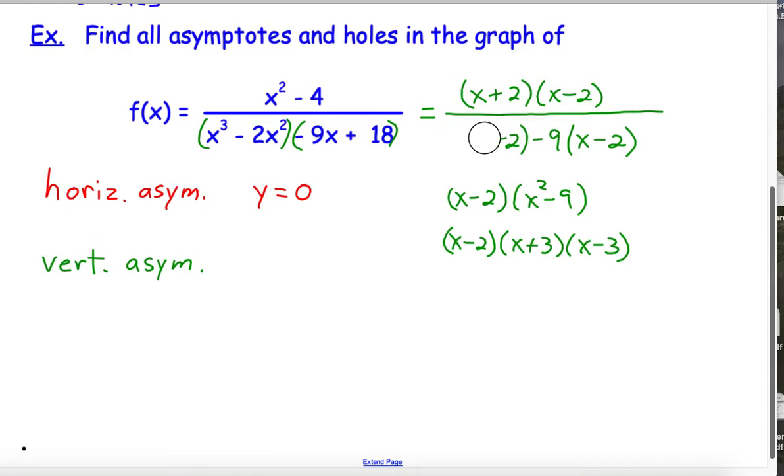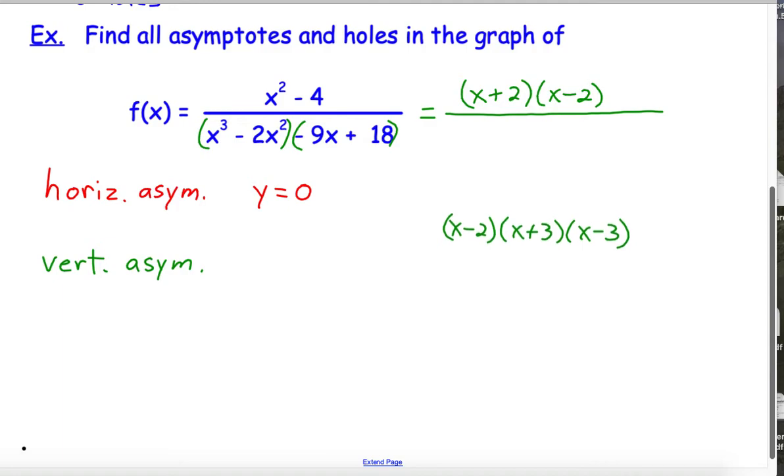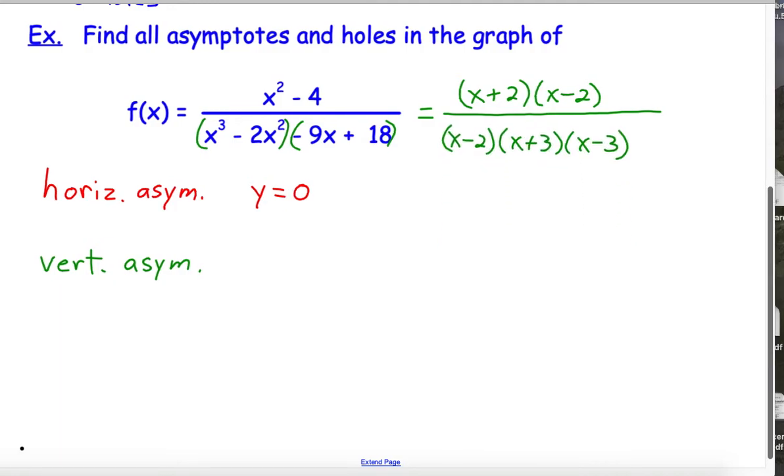Alright, so let's put the simplified answer here. Boom. Alright, let's cancel any common factors. x minus 2. So that means we have a hole in the graph at x equals positive 2. Because positive 2 here would make that 0.